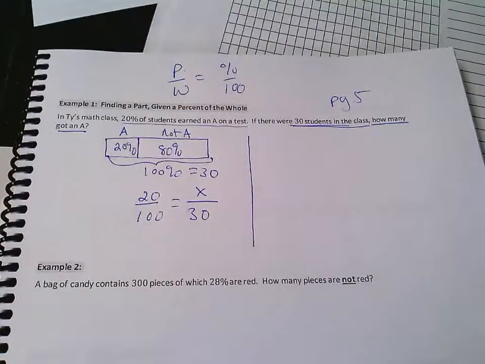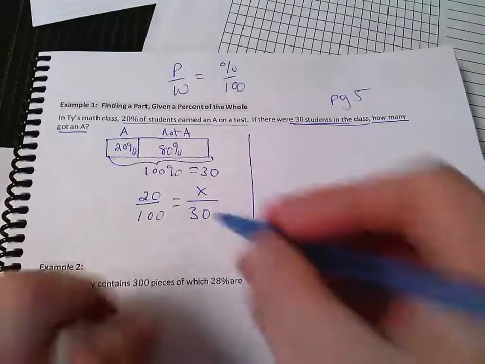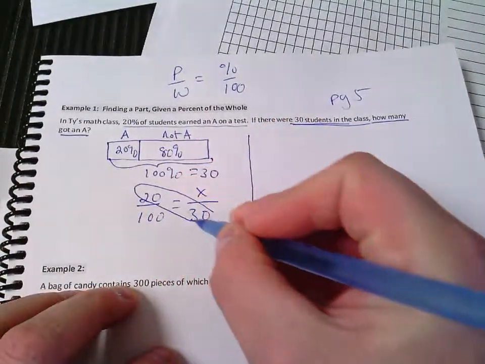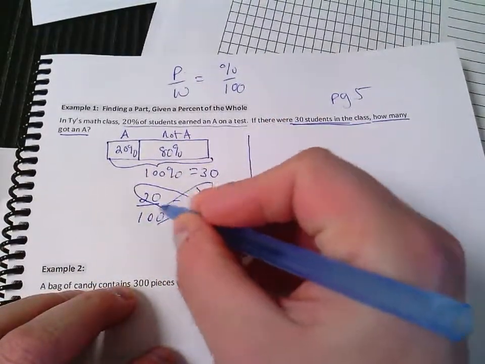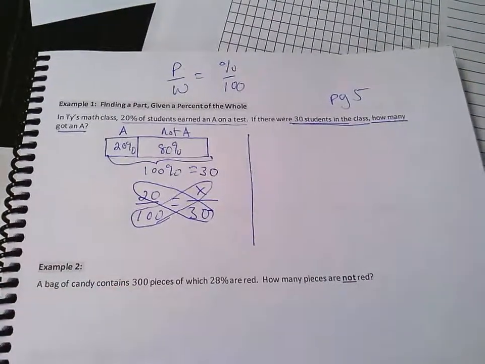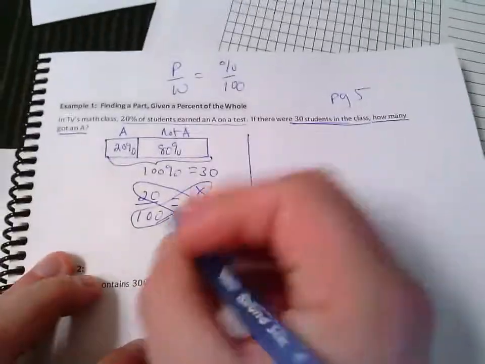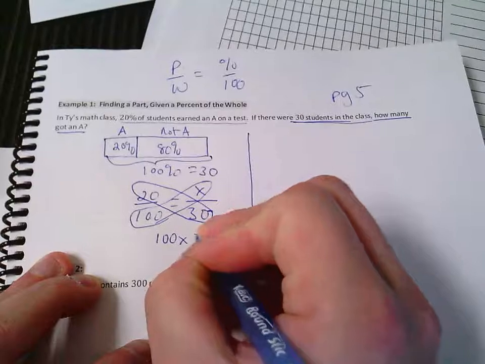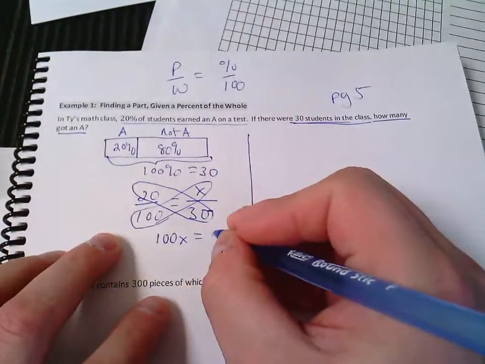Now that we've had a module in algebra and we've done a lot of practice with algebra, I'm going to show you how to write this out more algebraically. We use the word cross multiply, and watch what I'm going to do. I'm going to do 100 times x, 100x. I'm going to do 20 times 30, which is 600.